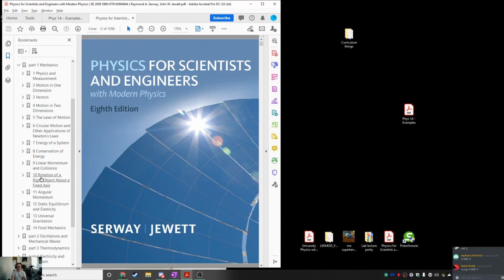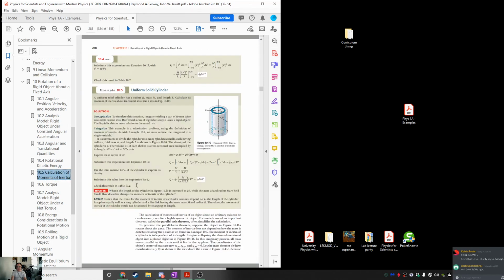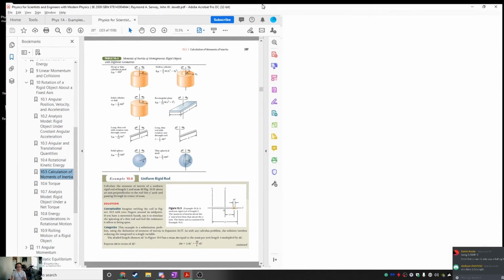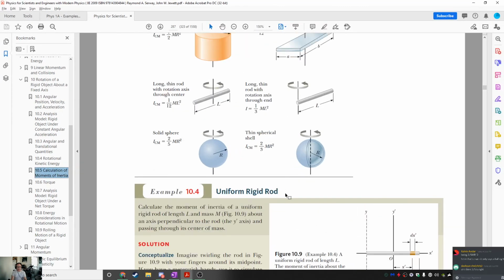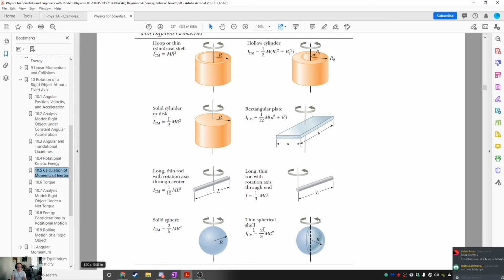So we're looking at this chapter. Moment of inertia. Okay, so here's the table. Oh, this is the wrong chapter, but it doesn't really matter. So solid sphere, thin spherical shell. Which one should we use? The solid sphere or the thin spherical shell?